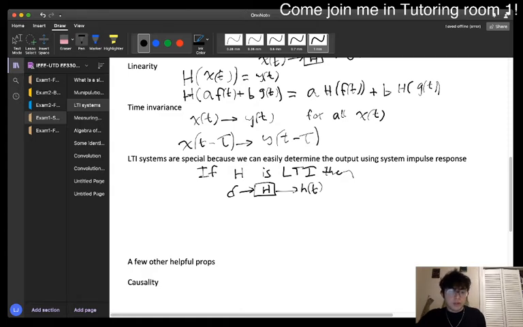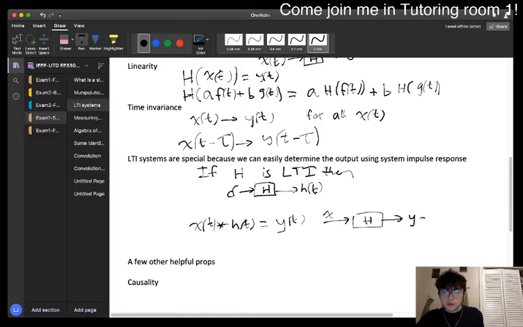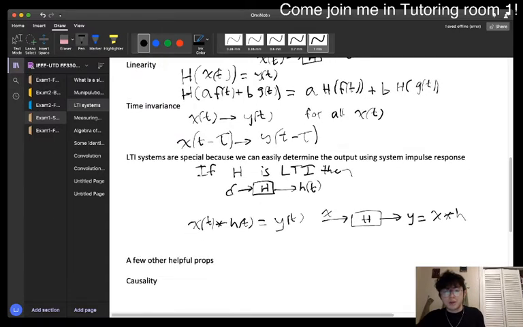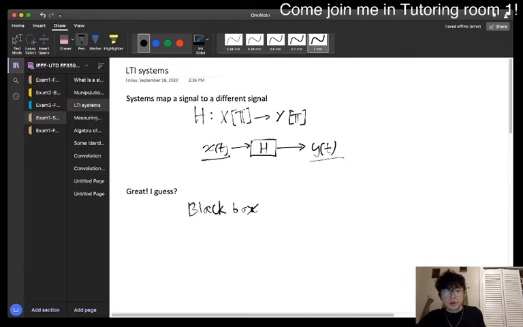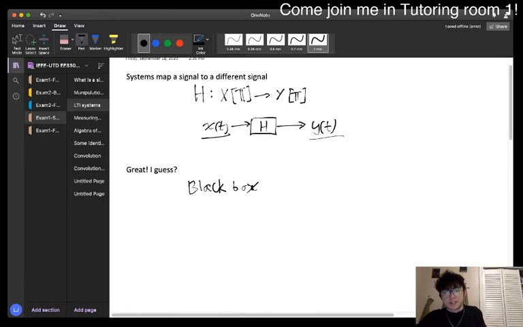So x of t convolved with h of t is equal to y of t for any signal that we pass through. And this is huge, because at first we were just looking at the input and the output, but we didn't actually know how we got the output from the input. That's the difference here.